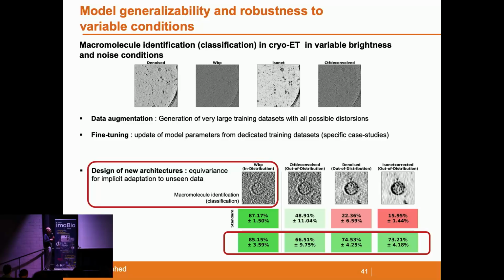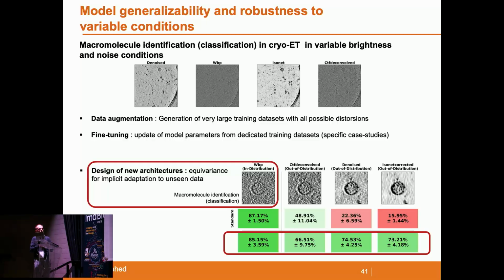In this situation, we train the model from the worst condition, and we evaluate the model with the standard architecture. As you can see, the F1 score decreases very rapidly if the brightness conditions are not appropriate compared to the training data sets.